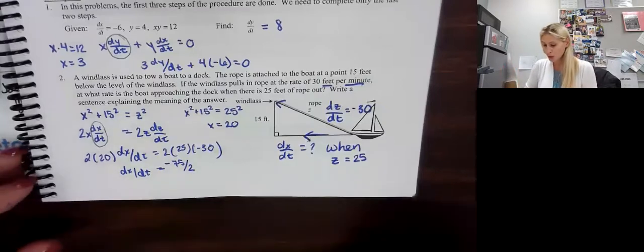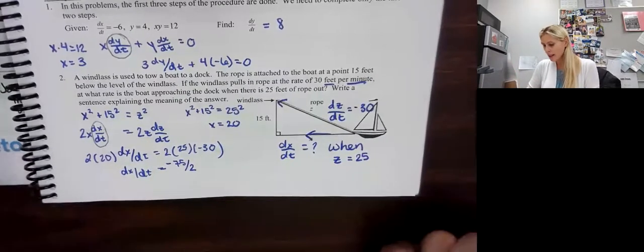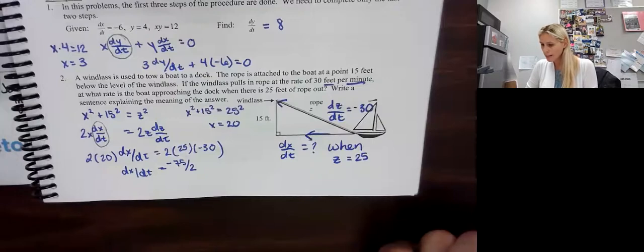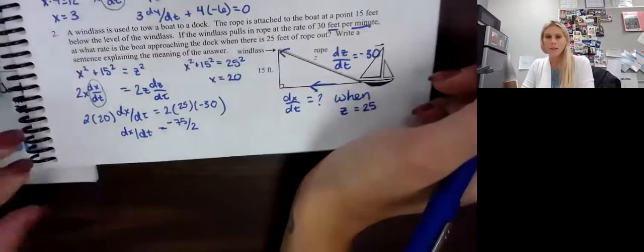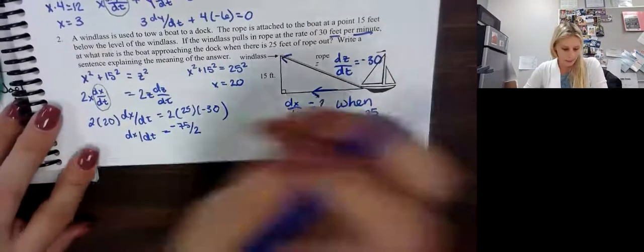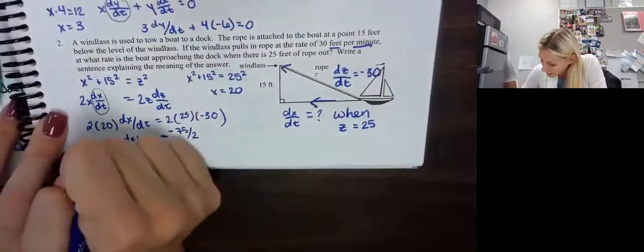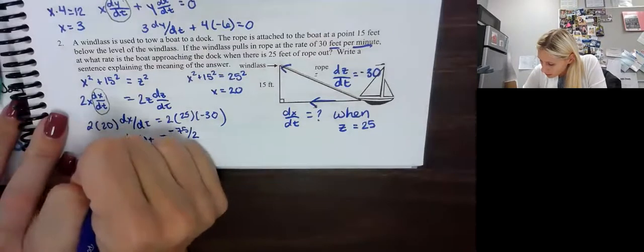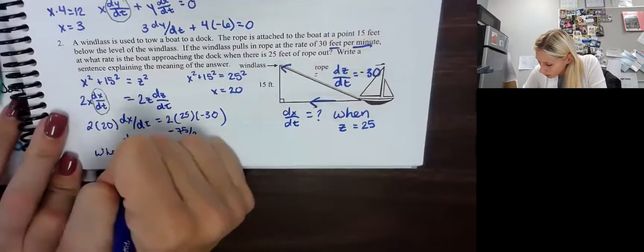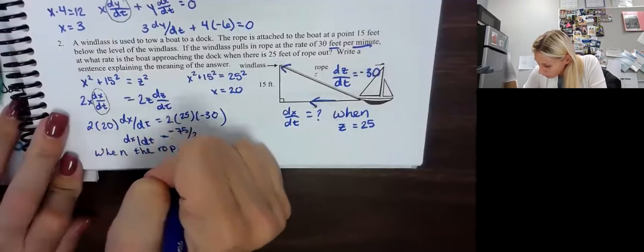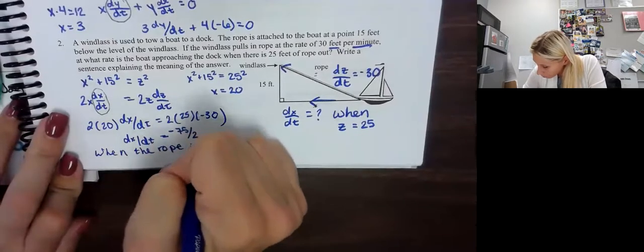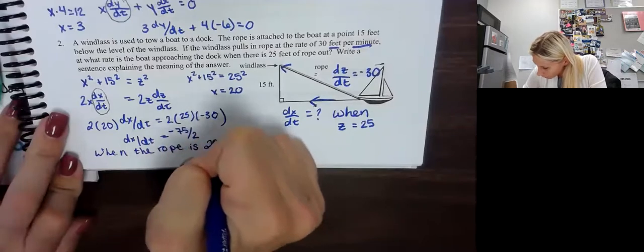So you don't just want to say, hey, the rate of the boat approaching the dock is negative 75/2. That doesn't explain it. We say when the rope, because it's at that point, right? When the rope is 25 feet, make sure your units are there.